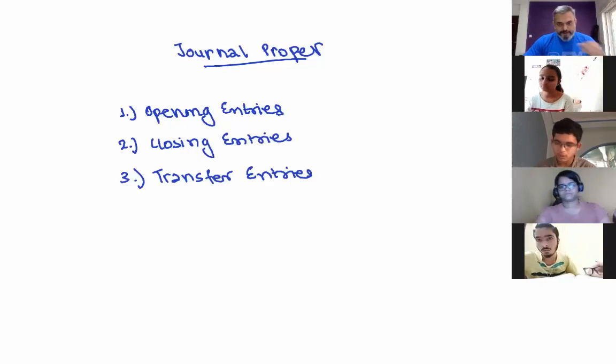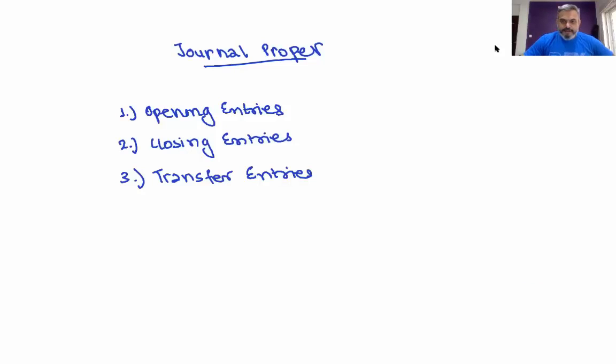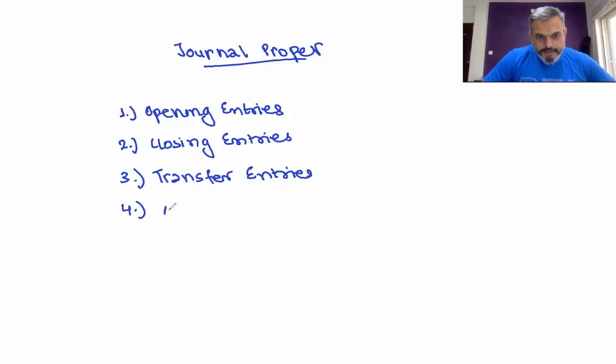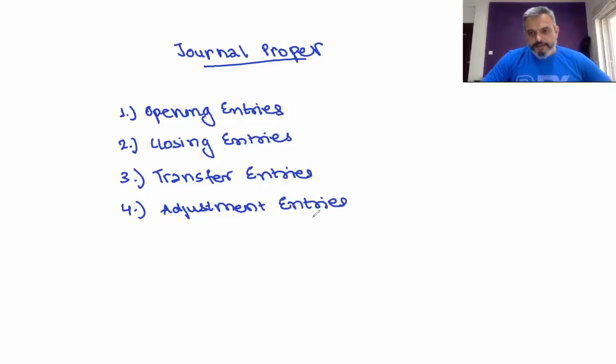Okay, so transfer entries are there. Then adjustment entries, very important. So at the year end, we have to pass some adjustment entries for accruals, outstanding. So that is adjustment entries. We'll see when we go to the examples.